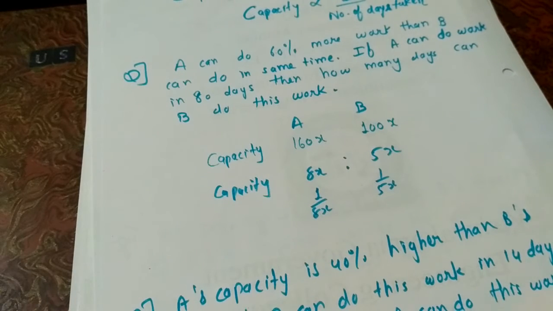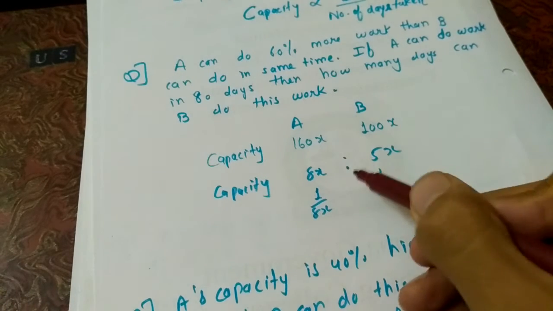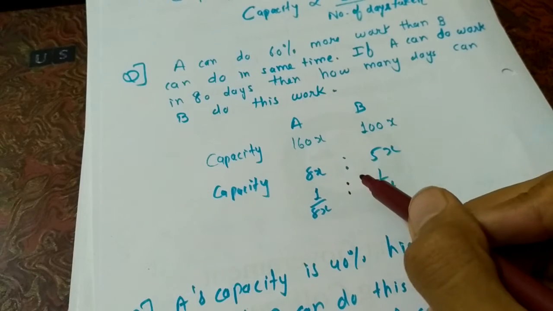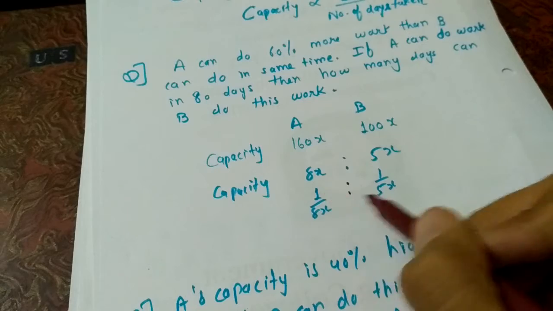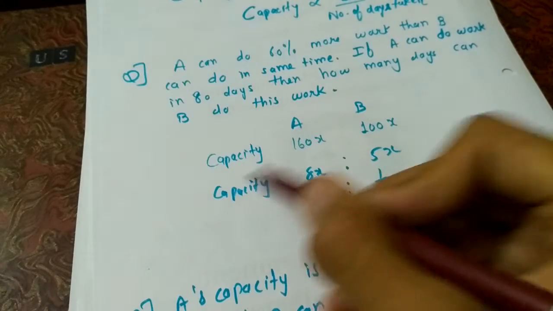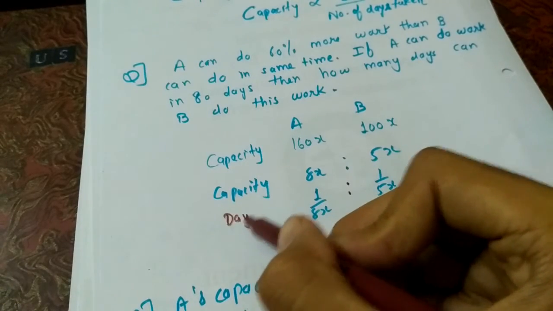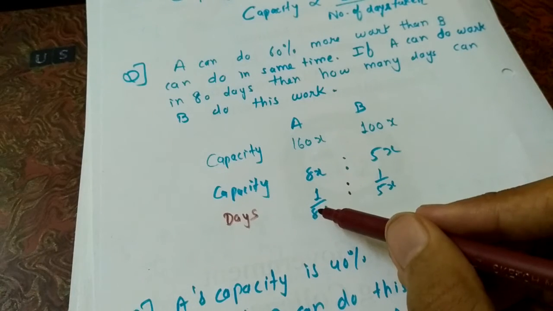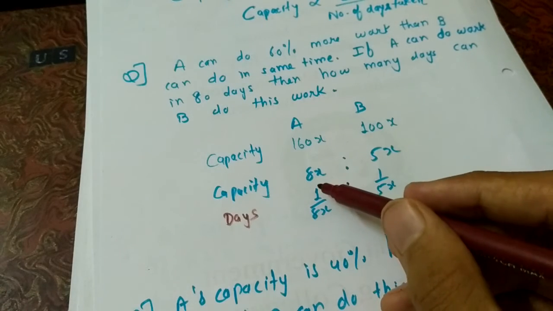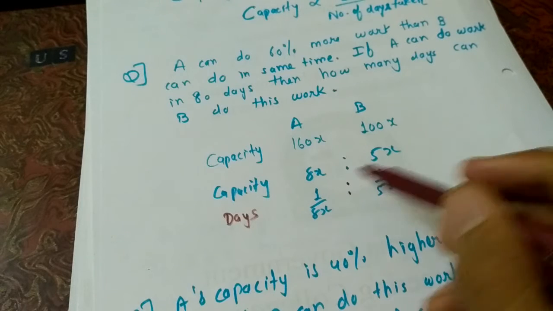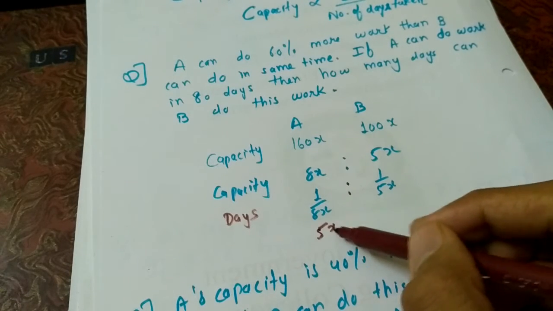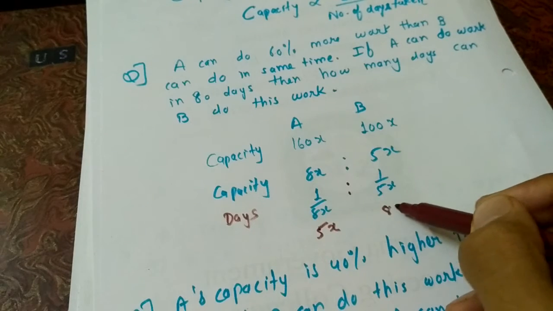But these are in proportion. So if we have to find the actual number of days, then what we have to do is multiply by the LCM of 8 and 5. So multiply it by 40 and this by 40. So what we will get, these are actual days, these are not in proportion now, 5x and 8x.